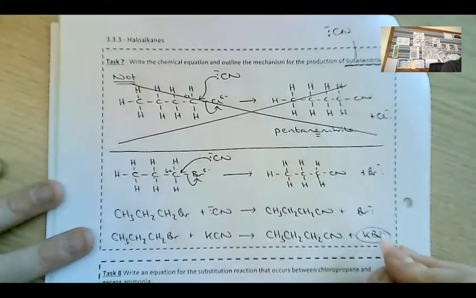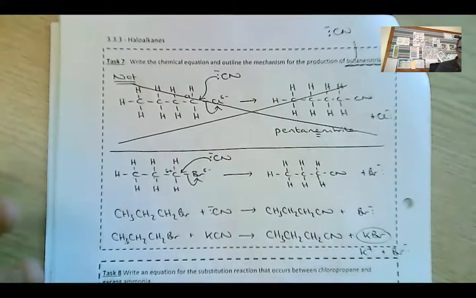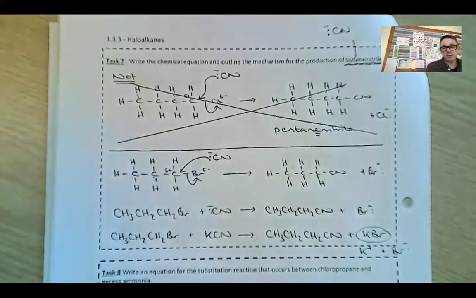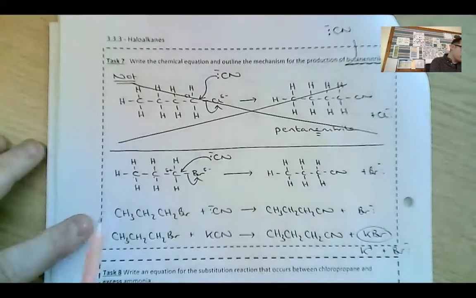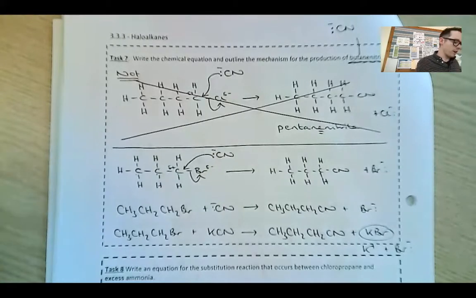Or you could even write that out as K plus and Br minus, because in reality, they would be dissociated into their separate ions because it would be in solution, okay? So either of those are correct versions of the balanced chemical equation for that process.